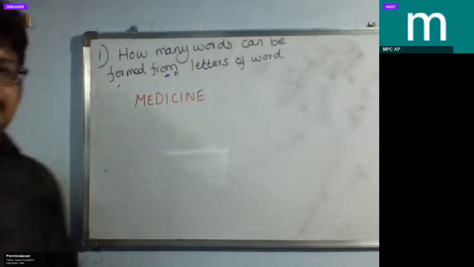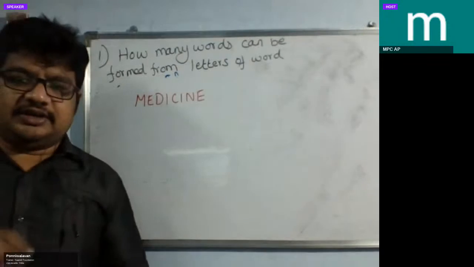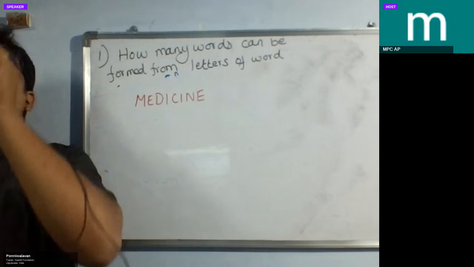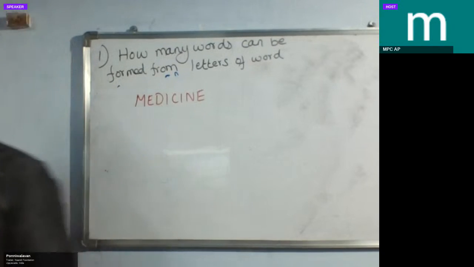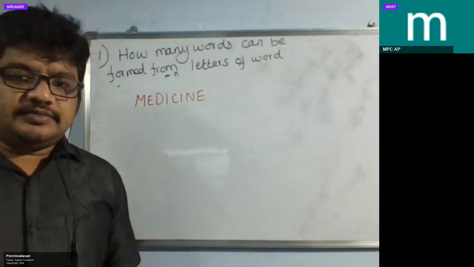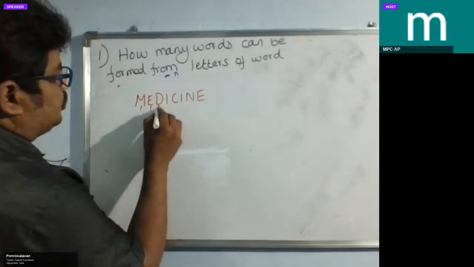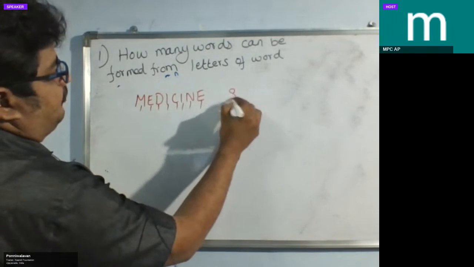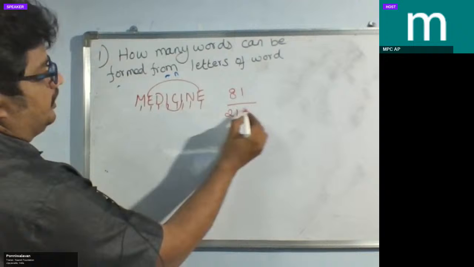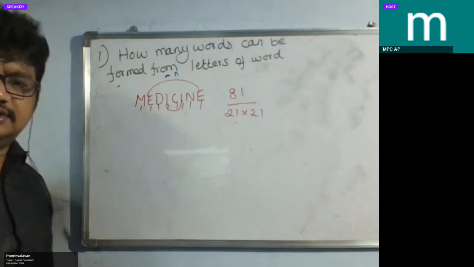That's enough. 1, 2, 3, 4, 5, 6, 7, 8. 8 factorial. E repeated 2 times, 2 factorial. I repeated 2 times, 2 factorial. That's all. Okay, leave it.